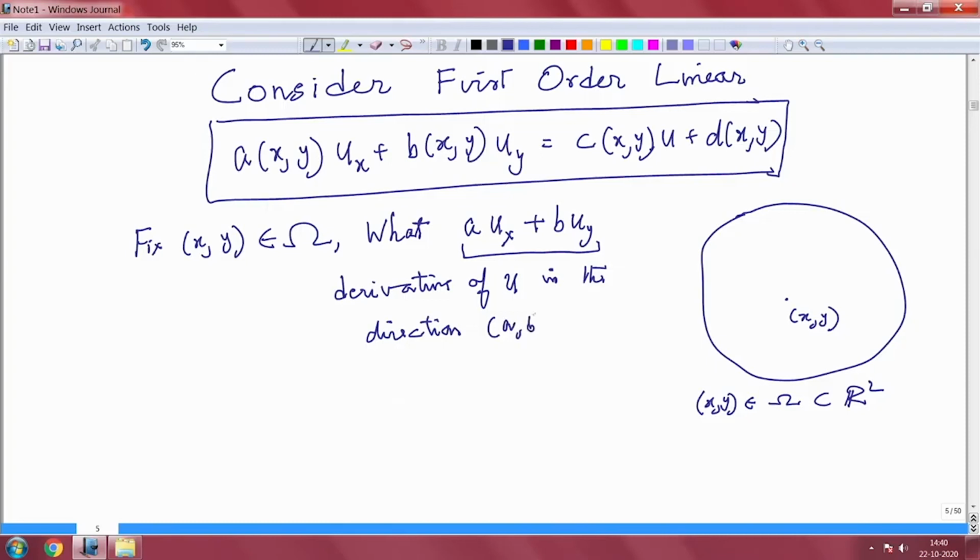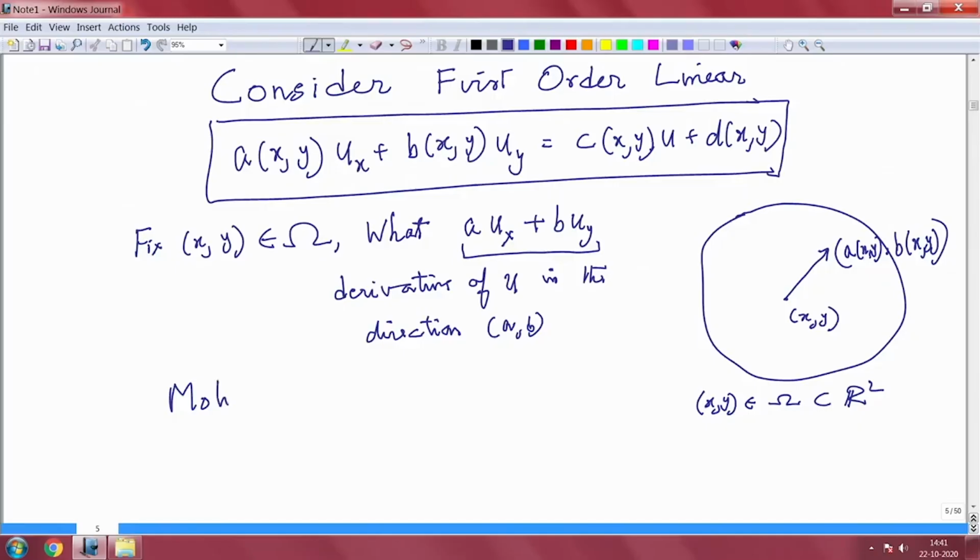When (x,y) is fixed, you will have a vector direction, given by (a(x,y), b(x,y)), which is data given to you. So, (a,b) produces a vector field in omega, for every (x,y), (a(x,y), b(x,y)) produces a vector. So, basically your differential operator part is nothing but the derivative of u along that direction.